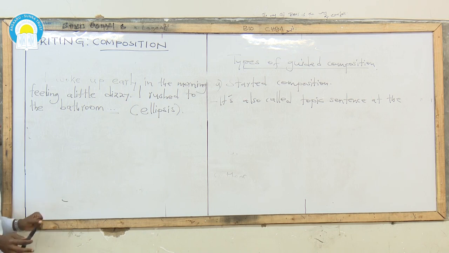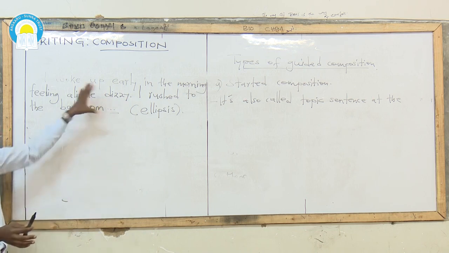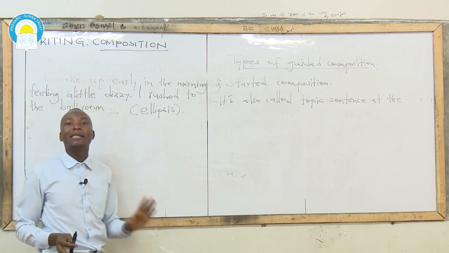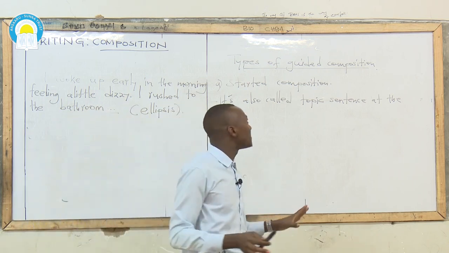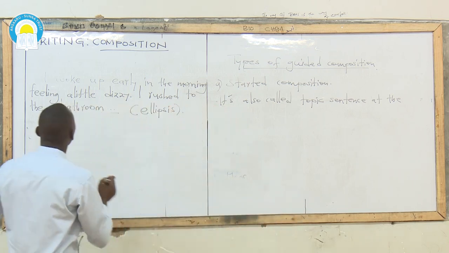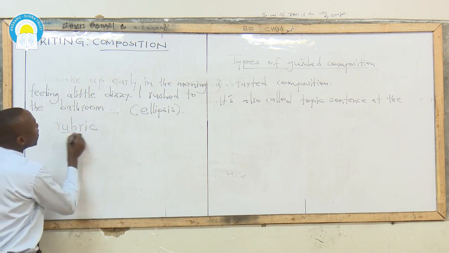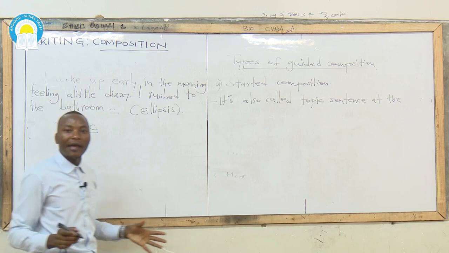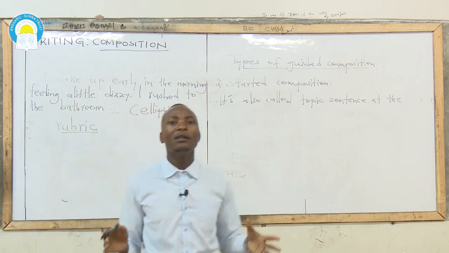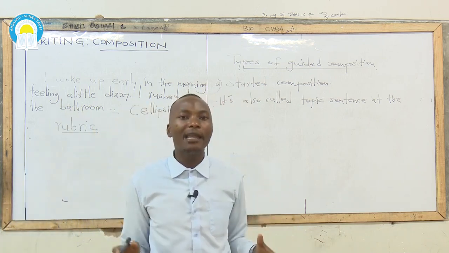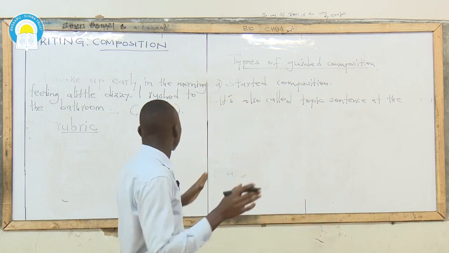I rushed to the bathroom. Now, this opening sentence or opening statement given is called rubric. The opening statement given for the learner to write about is called the rubric. This is the question that the learner should answer, and therefore it is very important that the learner understands the rubric very keenly.